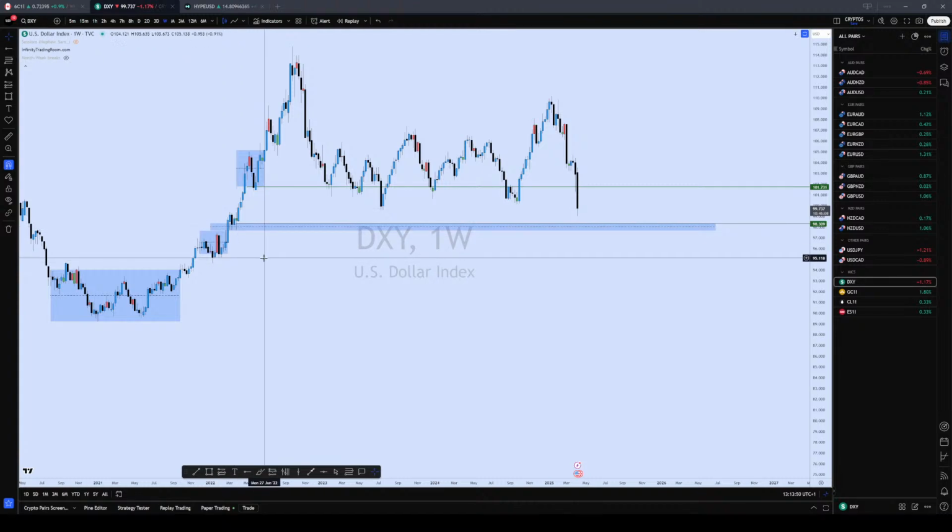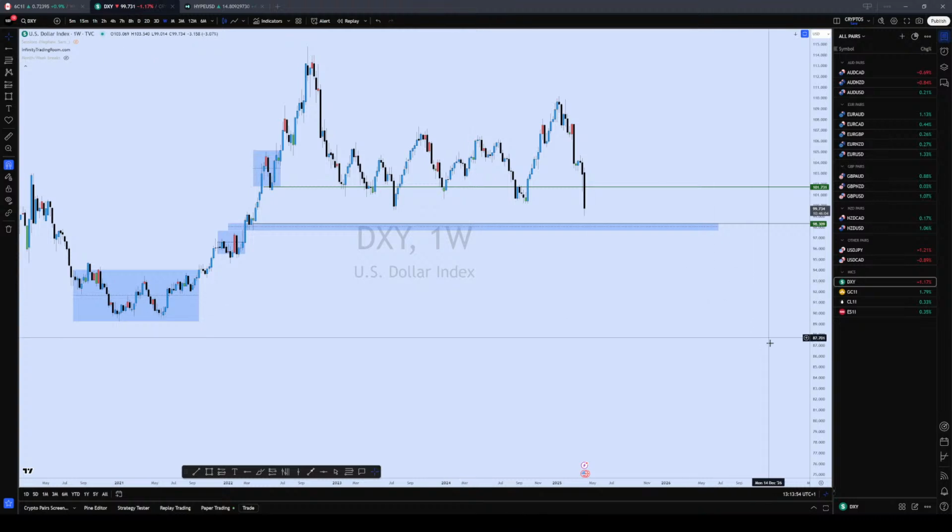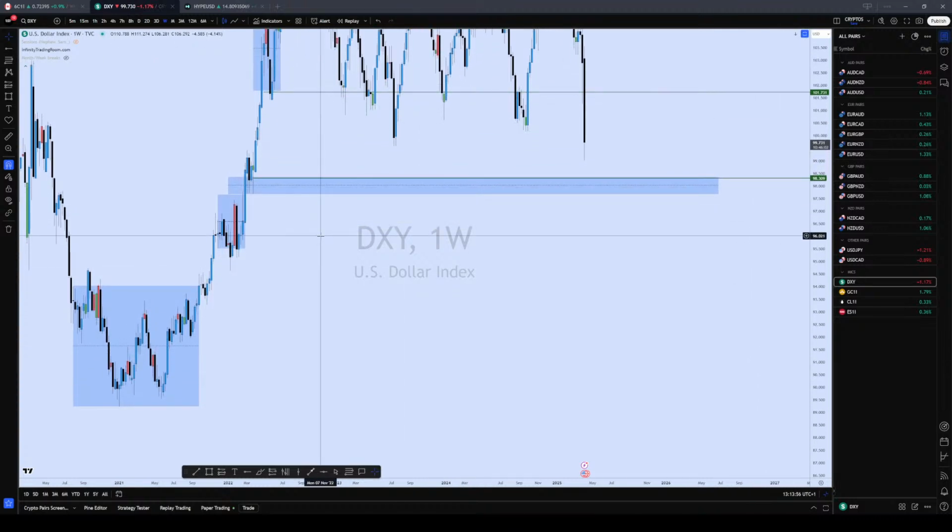So I think dollar index might be in trouble because there's no gap apart from this one, here.